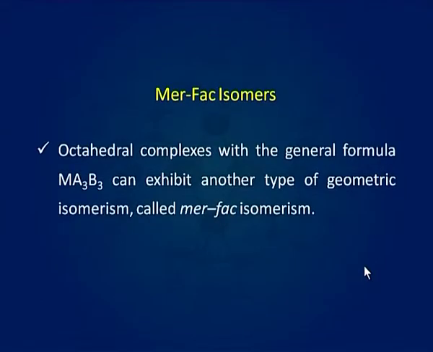Octahedral complexes with the general formula Ma3B3 can exhibit another type of geometrical isomerism called meridional facial isomerism, or MER-FAC isomerism. Meridional facial isomers are easier to notice than cis-trans isomers, in the sense that they only exist in octahedral geometry.